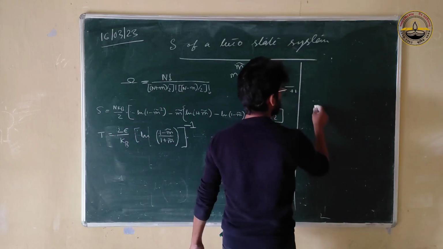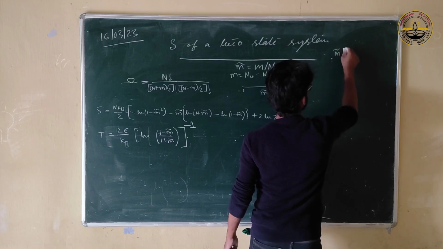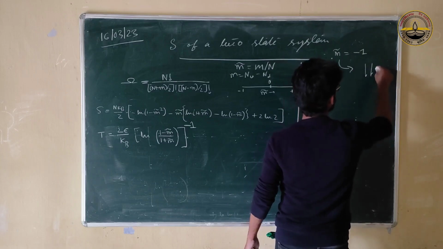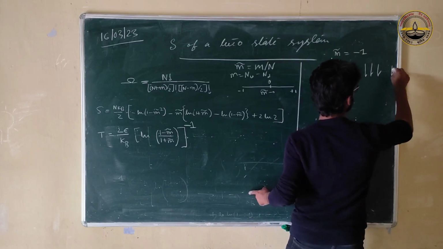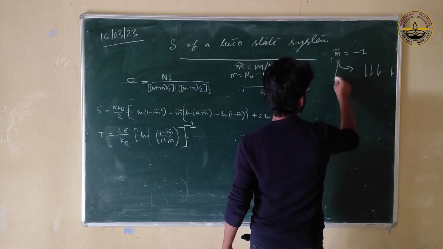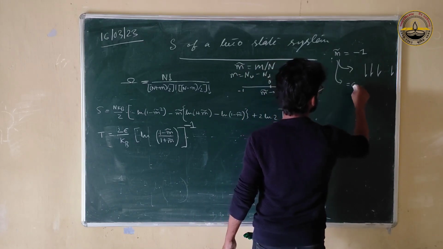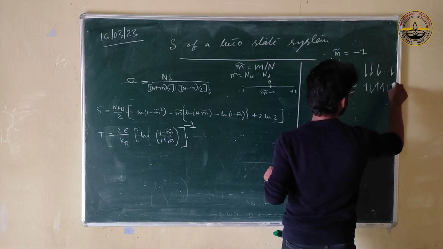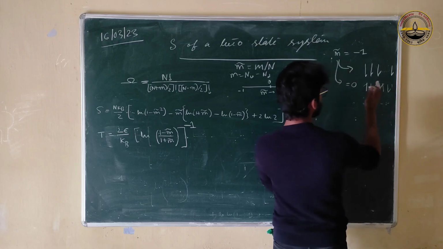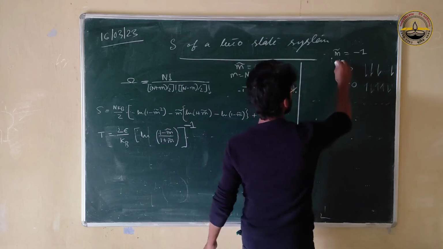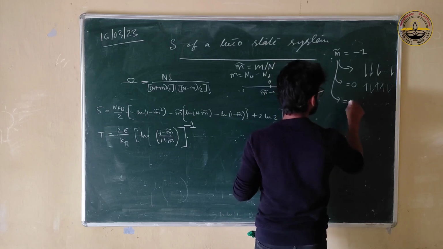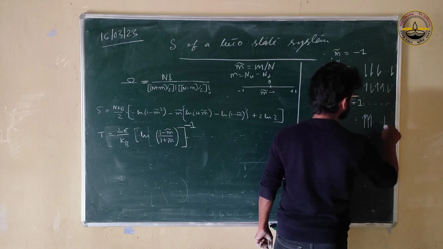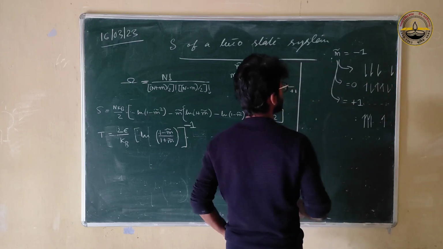So m tilde equal to -1 means everything points down, n of them pointing down, and m tilde equal to 0 means equal number, however they are oriented, equal number of them up, equal number of them down, and m tilde equal to +1 means everything points up, all the spins, n of them pointing up.